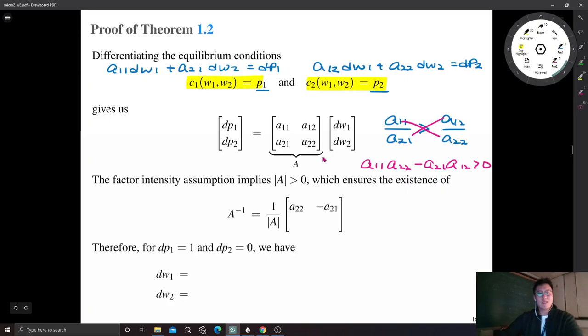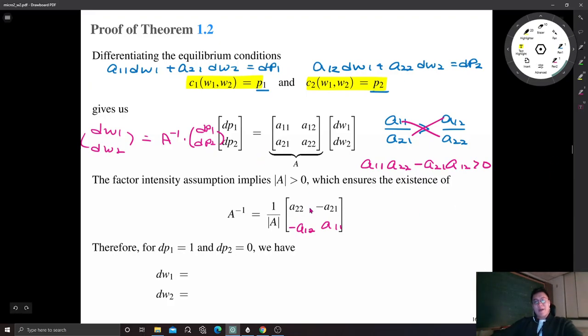So dW1, dW2 is going to be A inverse times dP1, dP2, right? But the inverse matrix of a 2 by 2 matrix is 1 over the determinant times, we need to switch these diagonal entries, so A22 and A11. Also, we have to interchange these off-diagonal entries, and we need negative signs, so negative A21 and negative A12.